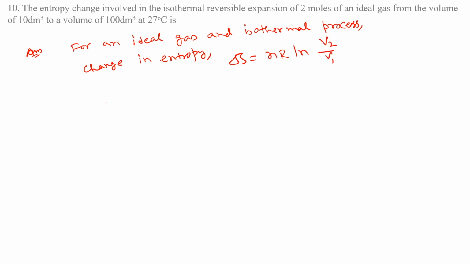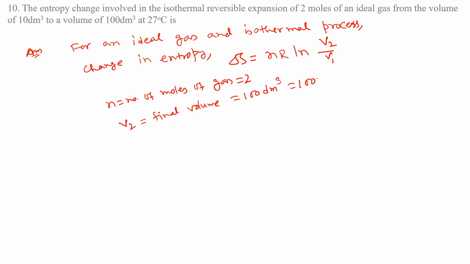Now, here n is the number of moles of gas and equals 2, and V2 is the final volume, 100 decimeter cube, means 100 liter, and V1 is the initial volume, 10 decimeter cube, is 10 liter.